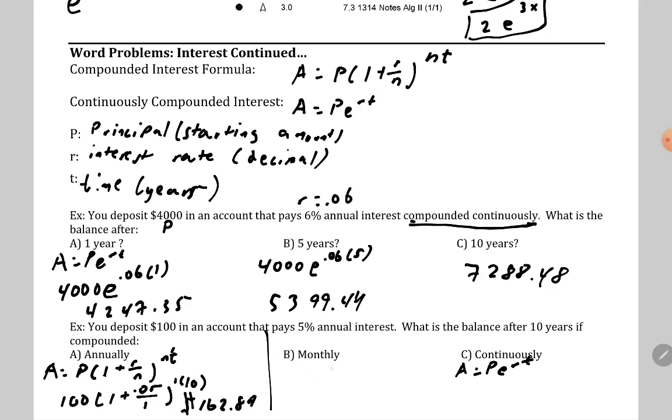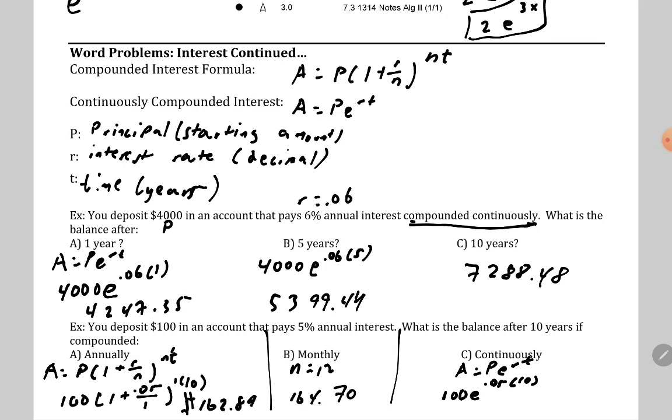Monthly, n would be 12. Plug all that into the formula, and we get 164.70. If we do it continuously, this would be 100 times e to the r, which is 0.05, times t, which is 10.